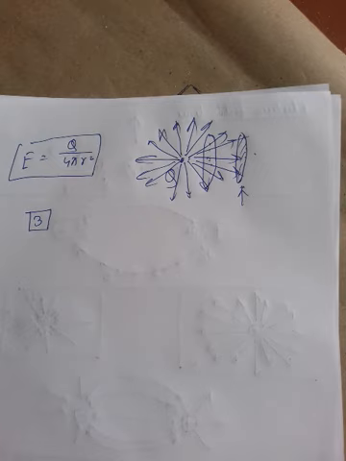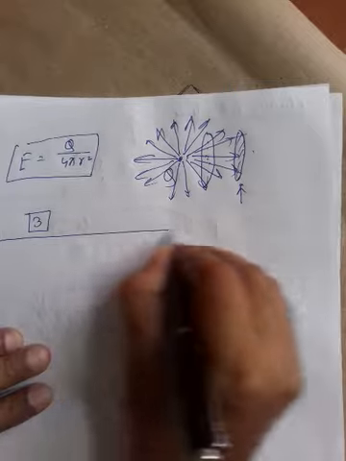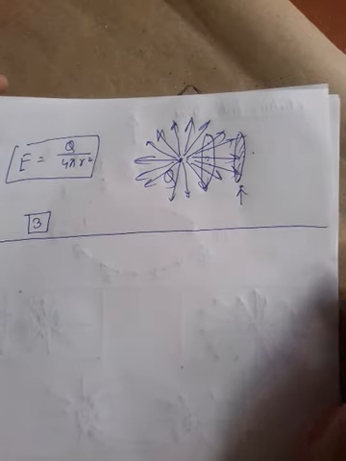Meaning greater density shows greater field, lesser density shows lesser field. Okay, this is the basic concept of electric lines of force or electric field lines.